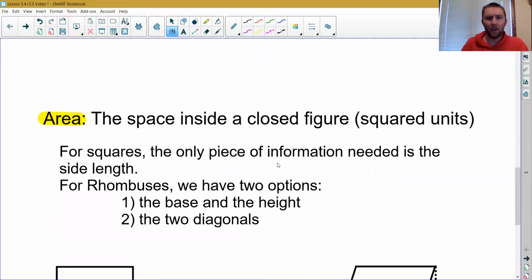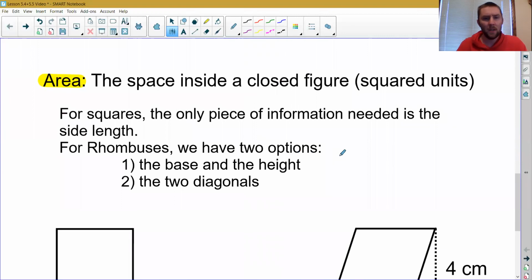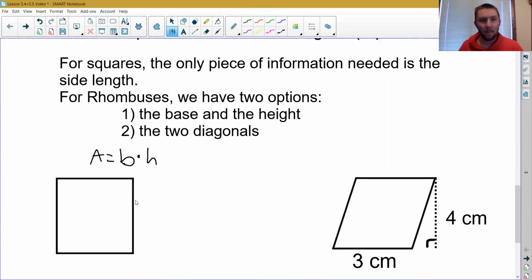Now, when it comes to area of these two shapes, for squares, it's relatively easy because squares are just specific rectangles, and so we're still going to use the formula that the area is equal to the base times the height. But in a square, because we know that all four sides are the same, the base and the height are actually the same as well. This would be the base, this would be the height, but they're exactly the same length because this is a square.